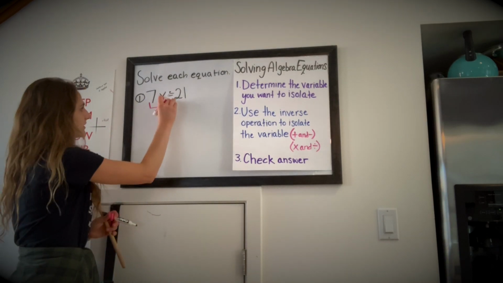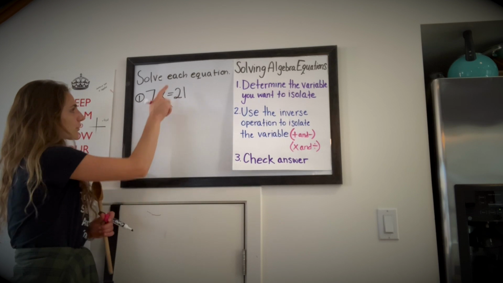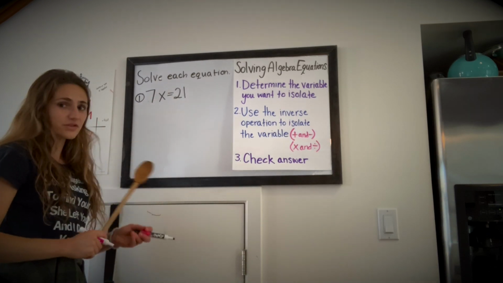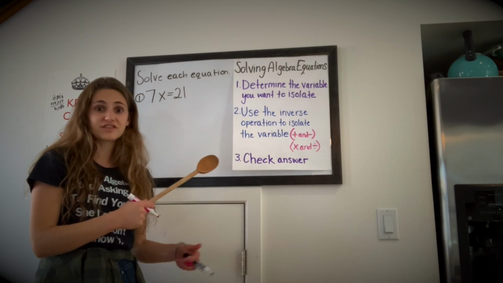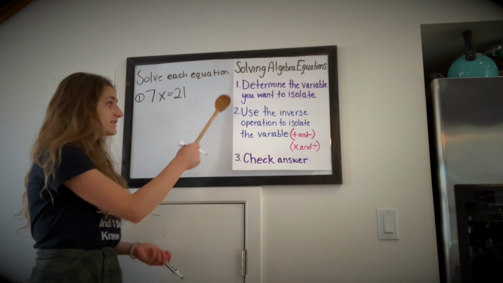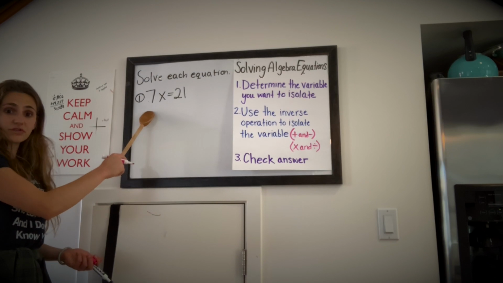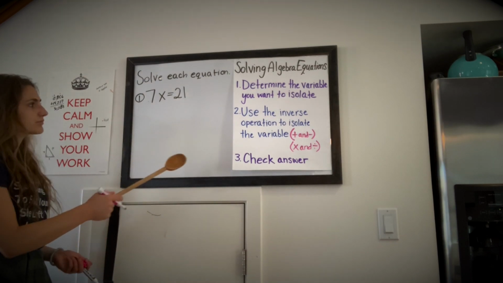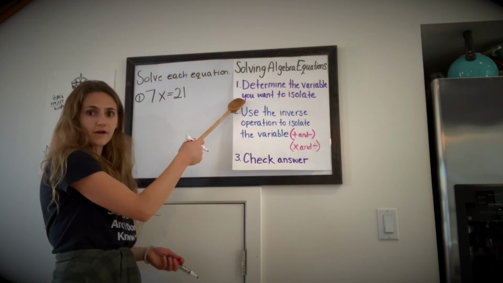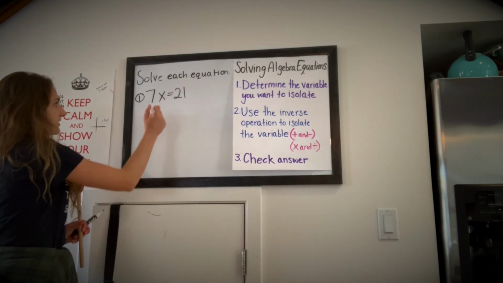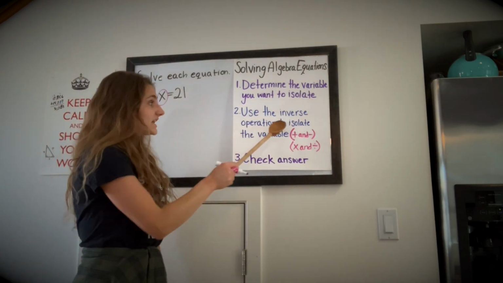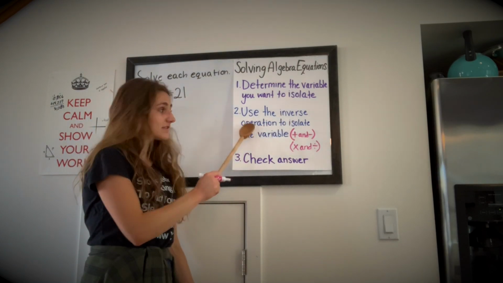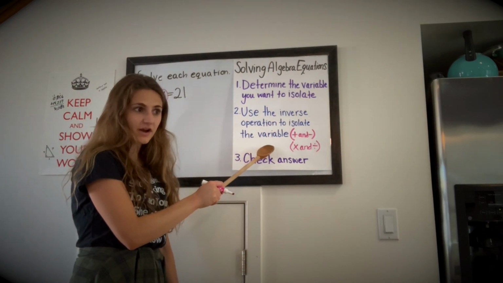Okay, let's go through these 3 steps in order to solve this equation. And these are the same 3 steps that we used last week when we were solving equations that had addition and subtraction. Same 3 steps, even though this equation features multiplication. So step 1 tells us to determine the variable we want to solve. In this case, it is x. Step 2, use the inverse, which we know means the opposite operation, to isolate the variable.